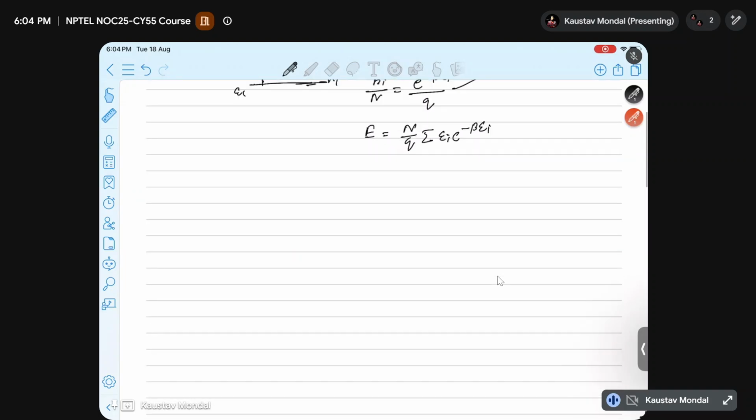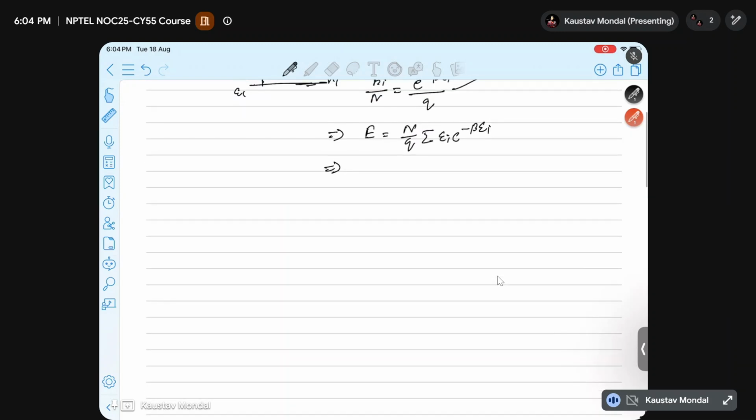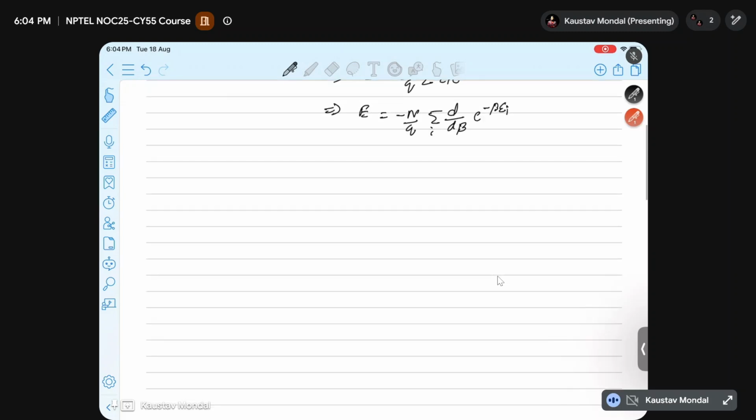Now we can write it in a more algebraically simple way by writing this whole thing as a derivative of e to the power minus beta Ei with respect to beta. The summation of e to the power minus beta Ei is nothing but the partition function, so it becomes E equal to minus N by q times dq by d beta, where q is the summation over i of e to the power minus beta Ei.